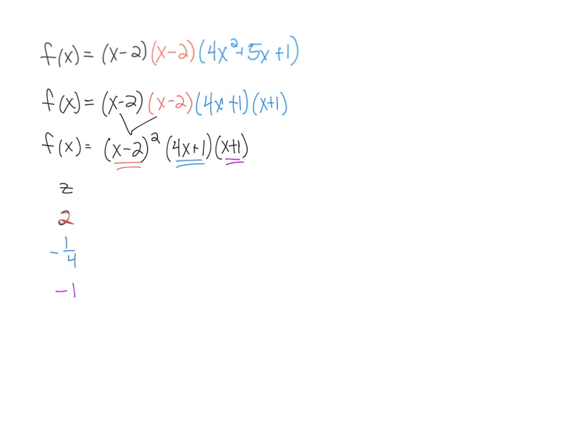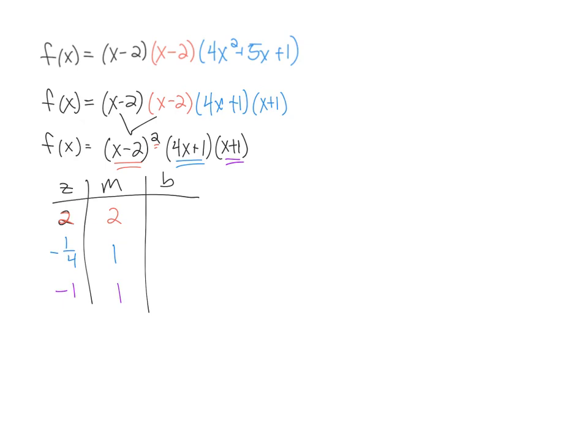So from there, all we have to do then is figure out the multiplicity of each and the behavior of each. So the multiplicity for the first zero is 2, and the multiplicity for the others are 1.